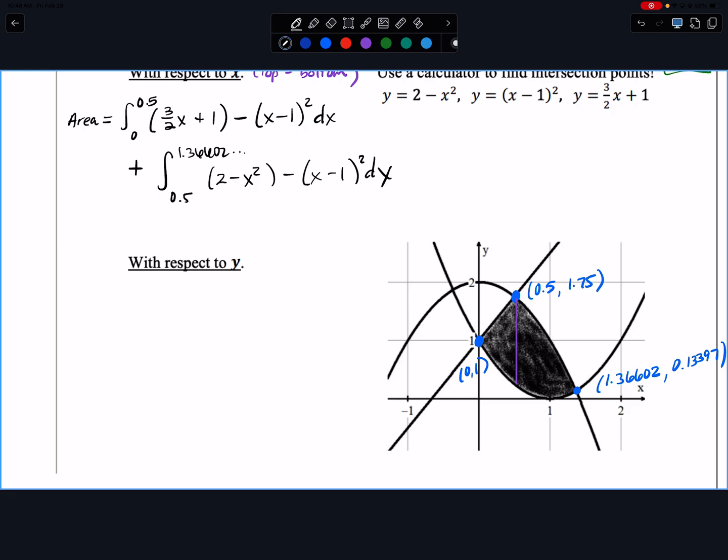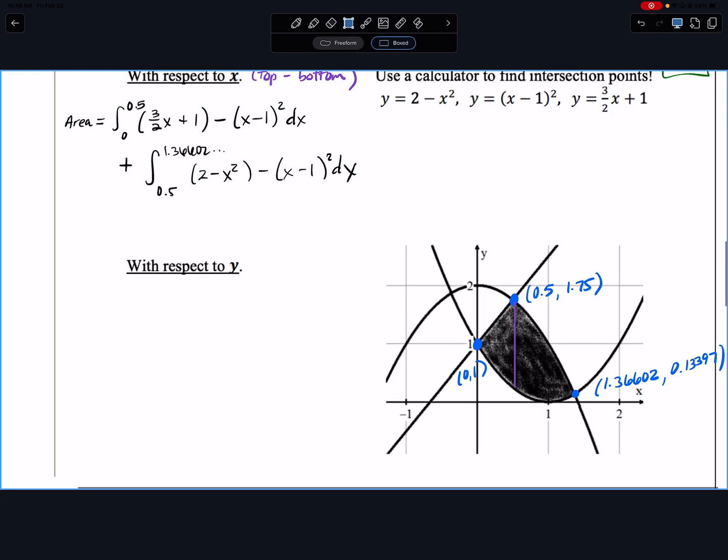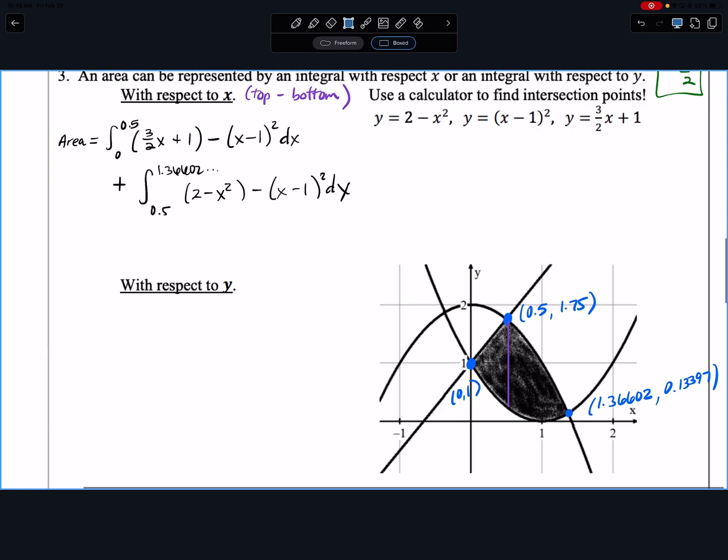Now we're going to do it with respect to y. Okay, this part is gnarly, so I'm going to do my best. The first thing I need to do is, do I want these as y equals if I'm going to integrate it with respect to y? I need all these as what? x equals. So stay with me.